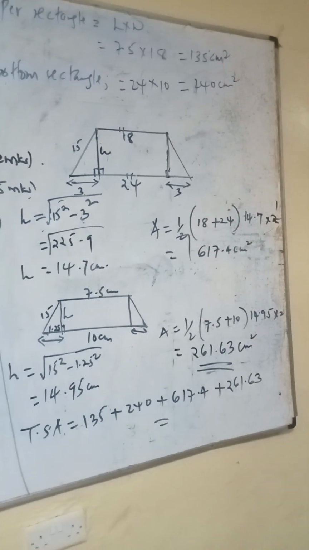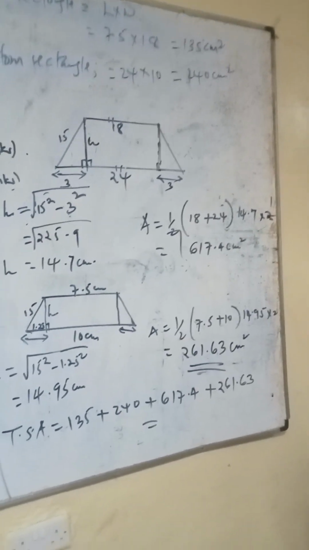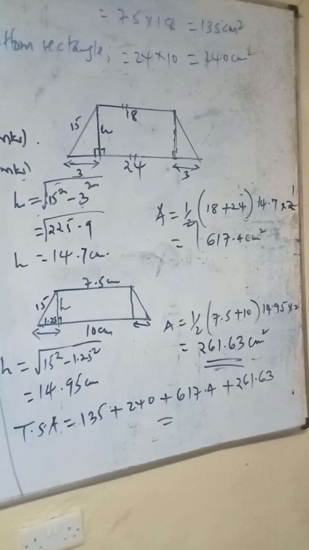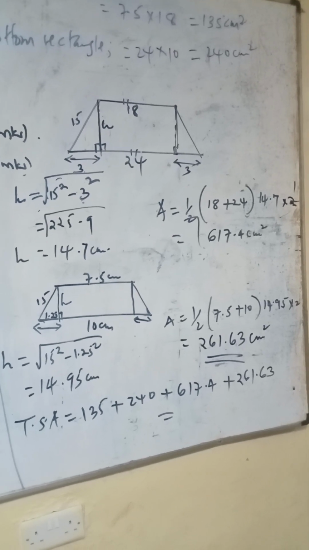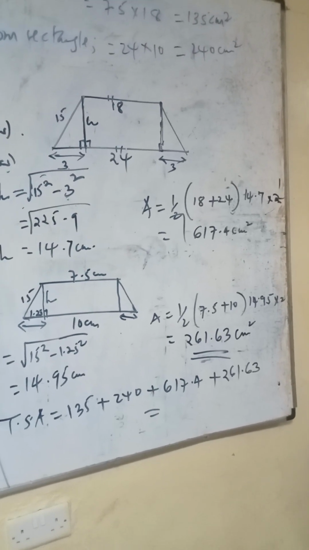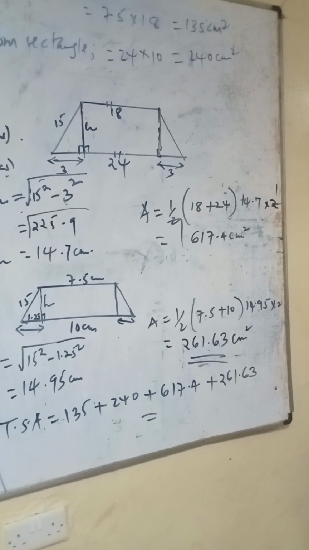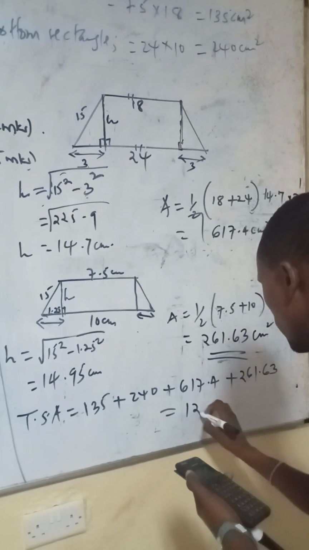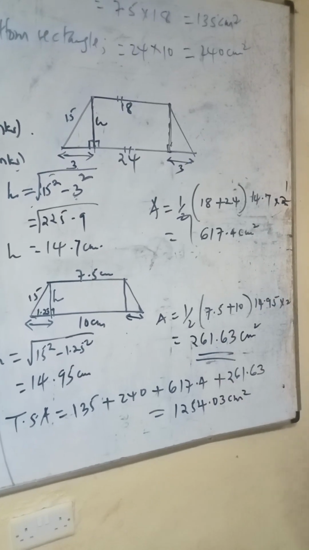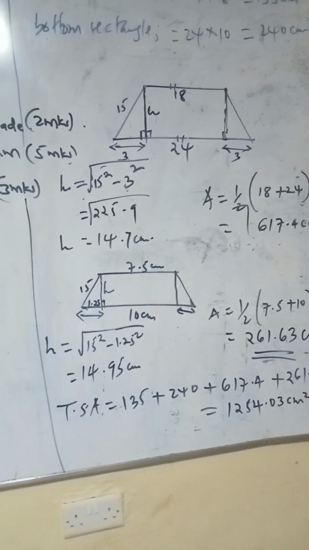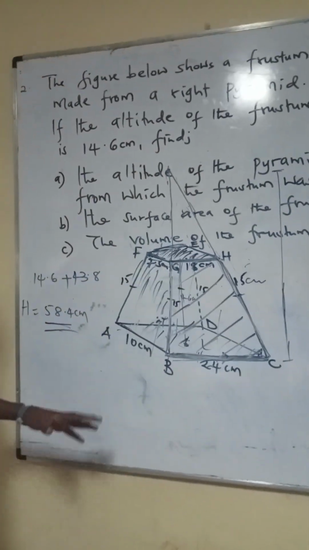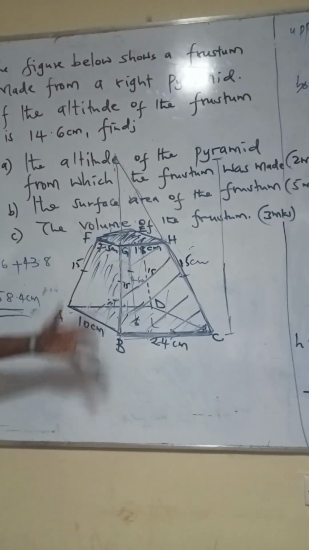That will give us 1254.03 centimeters squared. So that is how we get the surface area of a solid of a pyramid frustum. You just look for the area of the surfaces, you add.